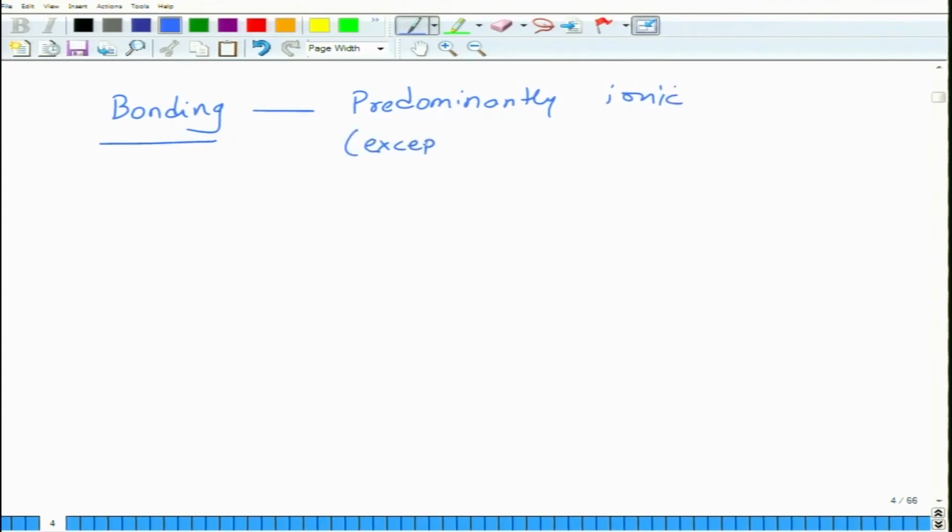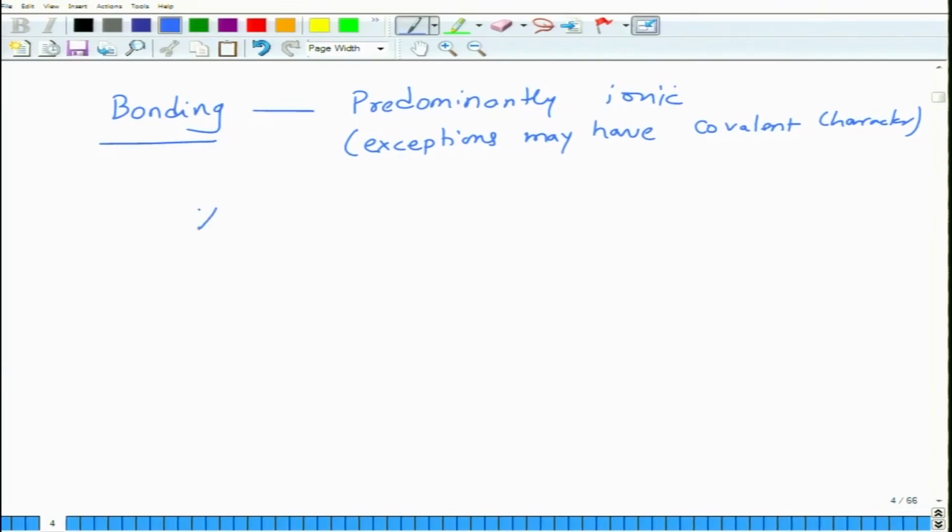Exceptions may have covalent character. So, for example, zinc oxide, zinc sulfide, silicon carbide and all that.